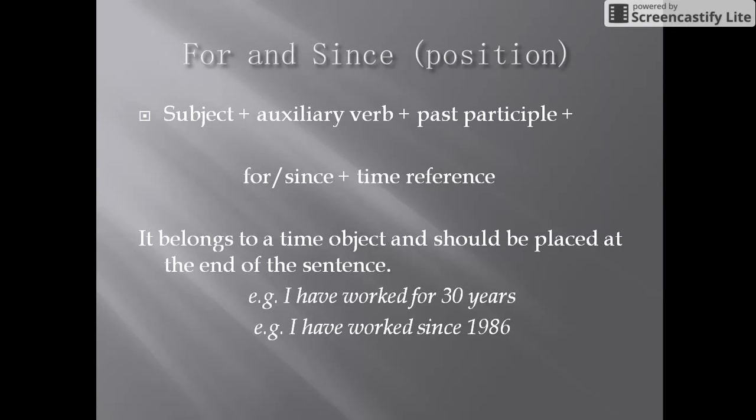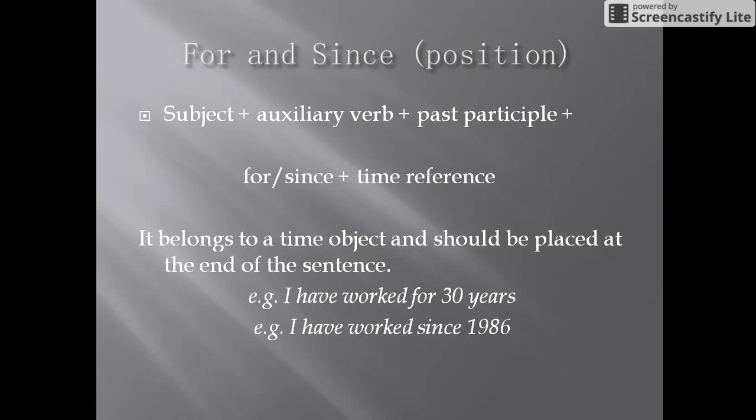Okay, so then for the present perfect, as you already know, we must firstly put the subject, then the auxiliary verb, which in this case is the verb have. Remember, for third person singular it is has. And then the past participle of the main verb, the verb which gives meaning to the sentence.